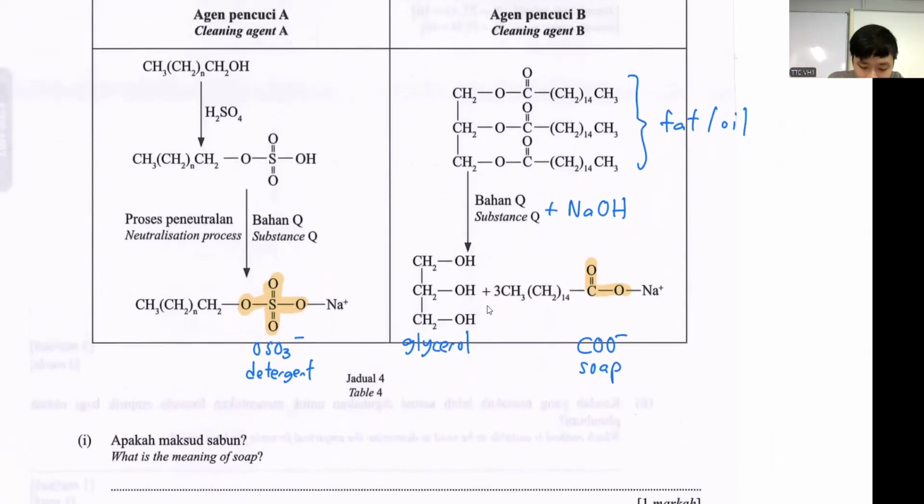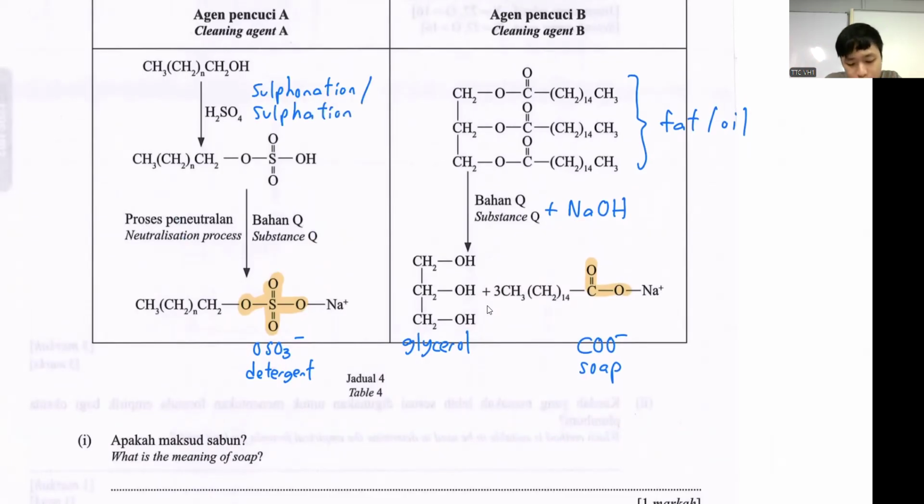So in this case, the detergent for A needs two processes to produce. One is adding sulfuric acid, which is called sulfonation or sulfation, same thing.